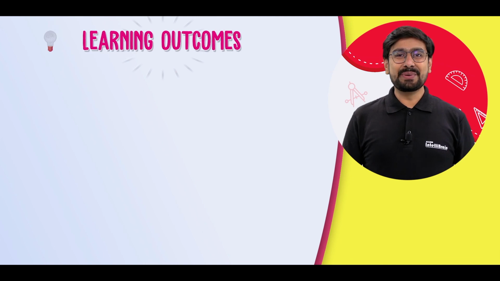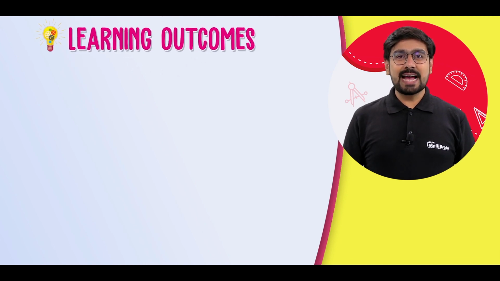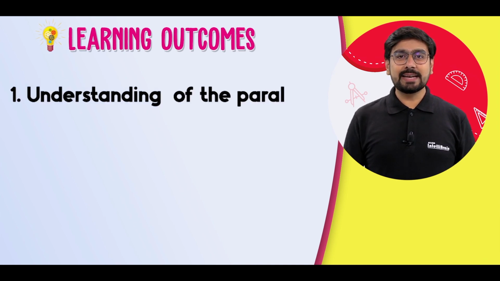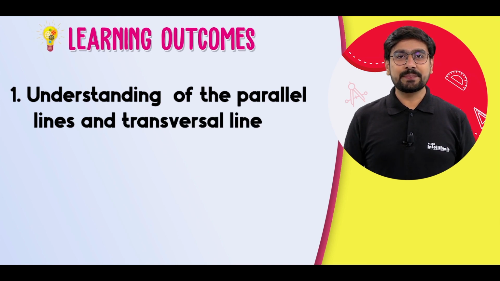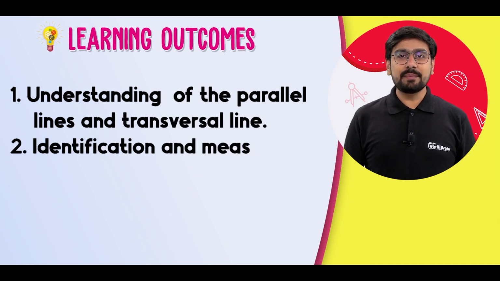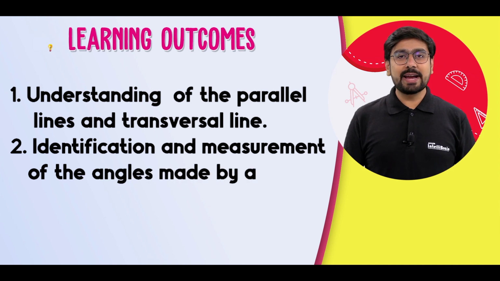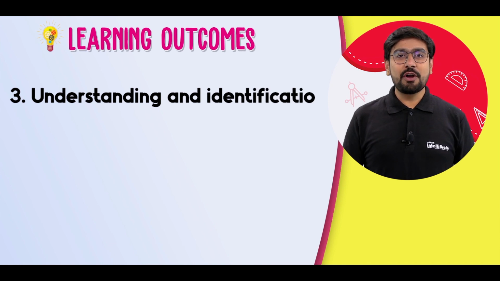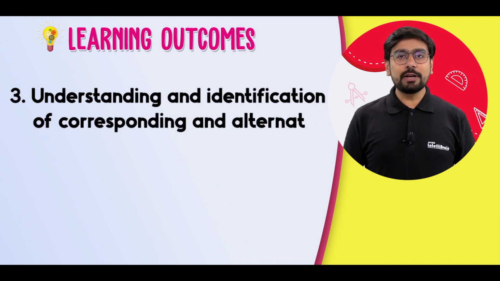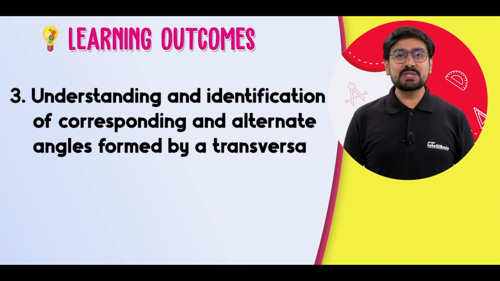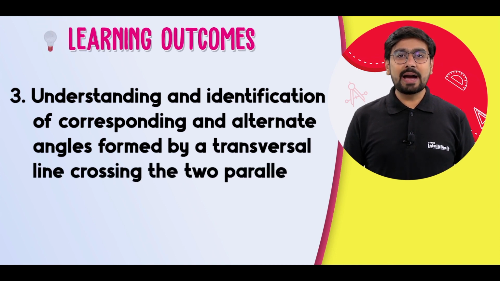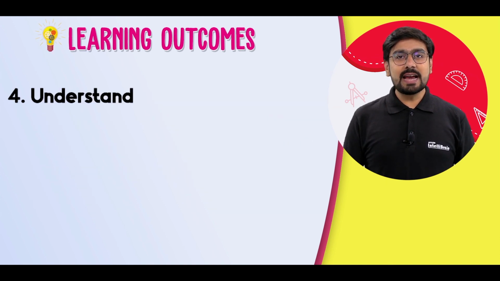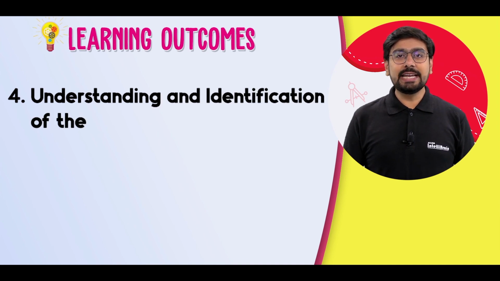We know that after doing this activity, you will have gained expertise in the following concepts: understanding of the parallel lines and transversal line, identification and measurement of the angles made by a transversal line, understanding and identification of corresponding and alternate angles formed by a transversal line crossing the two parallel lines, and understanding and identification of the linear pair.